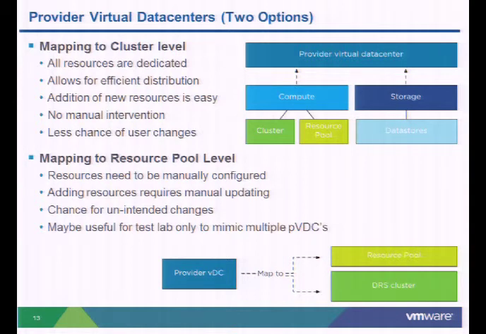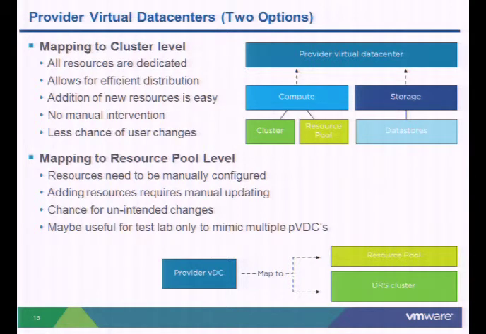I'm going to take X percentage and allocate it to XYZ customer, to XYZ provider VDC. Once you create these provider VDCs, you map them to that cluster, so everything is served from there, and you end up having one provider virtual data center.